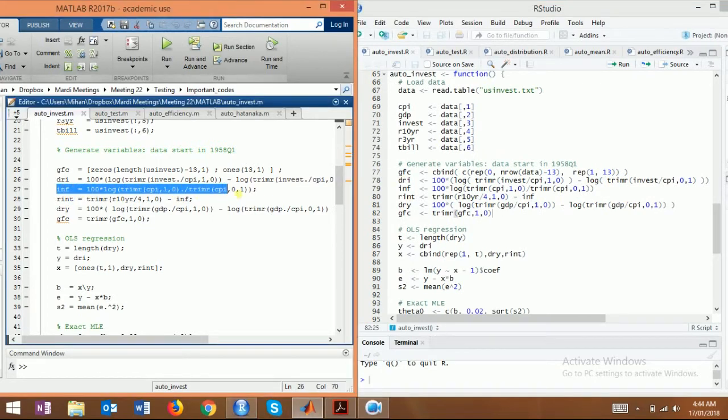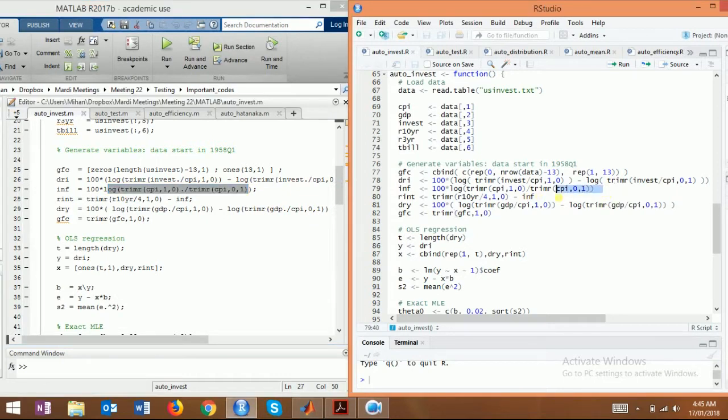Then INF is 100 times log trimmer, CPI 10. Again, this is also in lags. So this is the first data, then this is the lagged value, T minus T minus 1. Very simple. CPI 10 trimmer, CPI 01, INF.